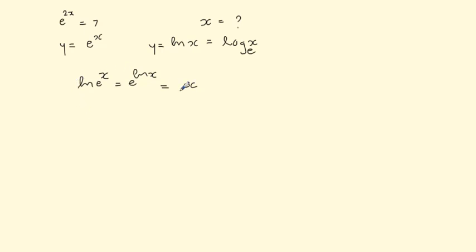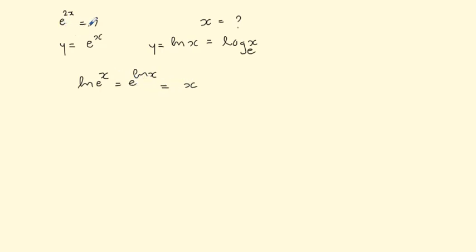So if I want to free an argument x from the exponential function, I need to call upon ln. In the same way, if x is the argument of ln and I want to make it independent, I need to call upon e.